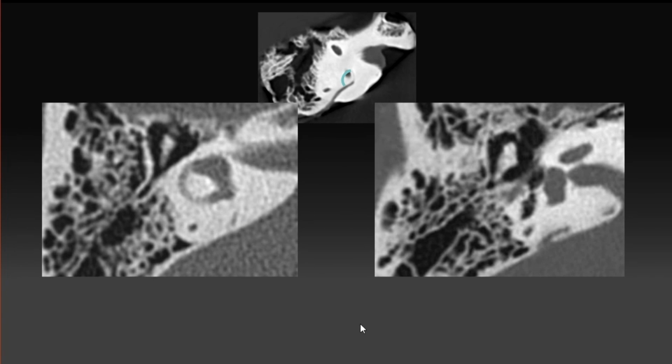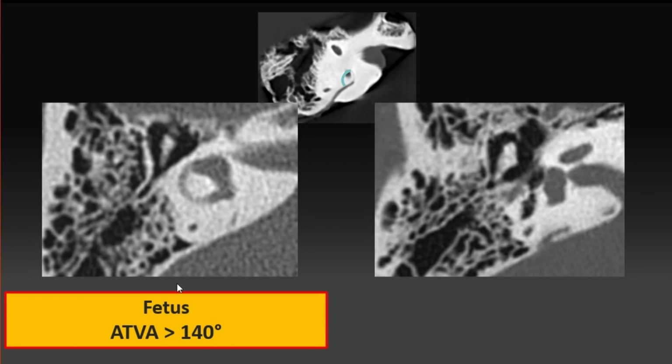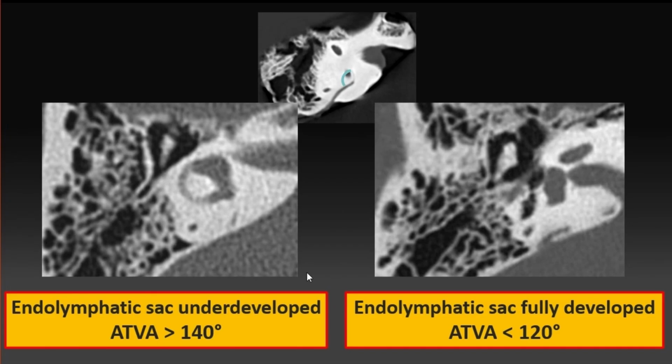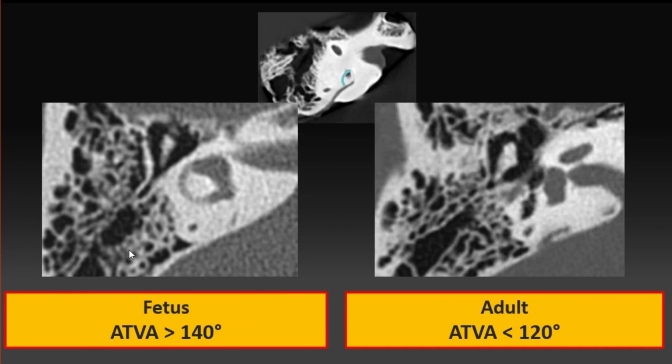And in fact, in the paper, it's been shown that it's at and over 140 degrees. That's when it's considered fetal. So a fetal ATVA is greater than or equal to 140 degrees, whereas a normal adult orientation is less than or equal to 120 degrees. So that is a normally developing fetus on the left and a normally developed adult on the right.